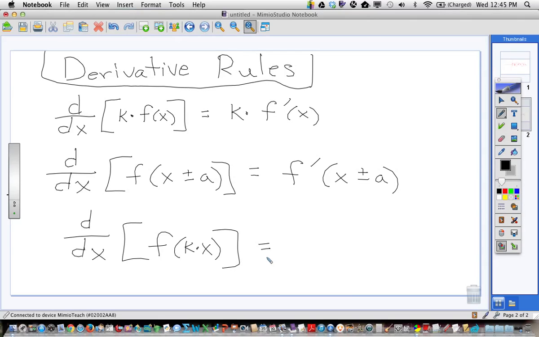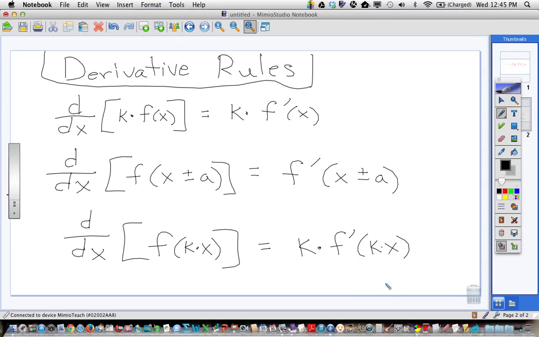It stays inside, but we also have to kick it out and multiply it times the inside, because that k is a horizontal shrink, or compress, or stretch. And so when you do that, you change the slopes. You change where they are, so that's why it stays on the inside. And you also change what they are. Their slopes get steeper. So you get k times f prime of k times x.